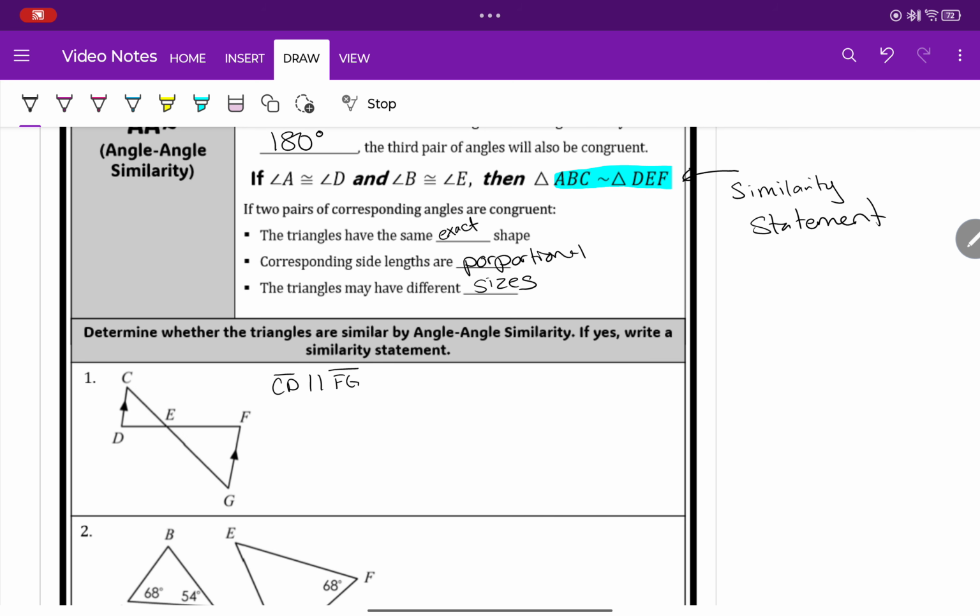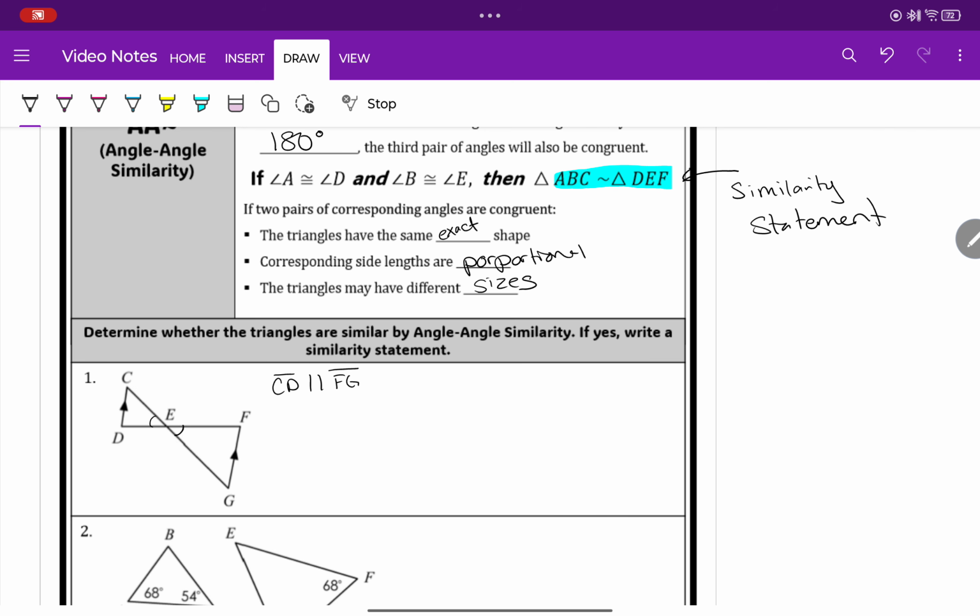As I look more at my figure, I can see that I have a pair of vertical angles, which is going to make angle DEC congruent to angle GEF. Because I have parallel lines, my transversal rules still apply.